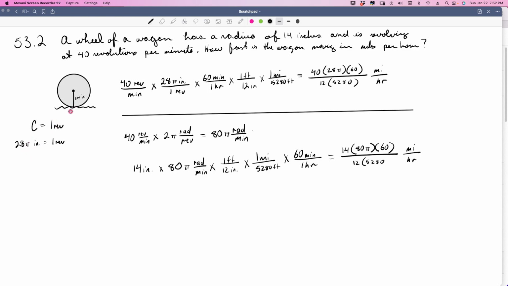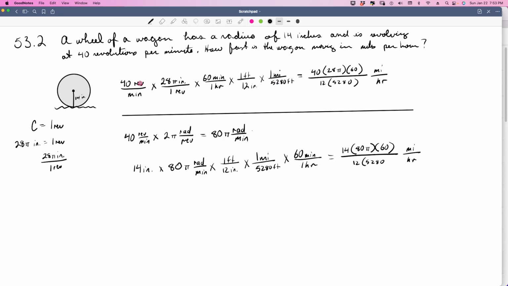The circumference we know is diameter times pi, so 28 pi inches is 1 revolution. That is the unit of measure I created. I just put 28 pi inches over 1 revolution, and I created my own unit of measure for the sake of making this easy to solve.